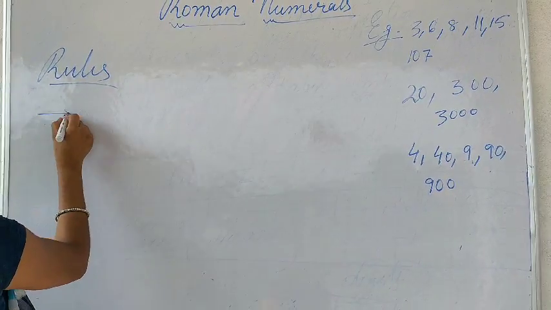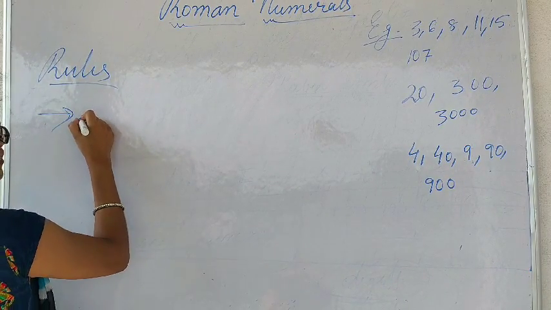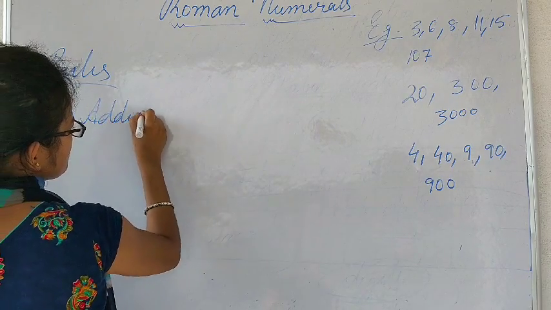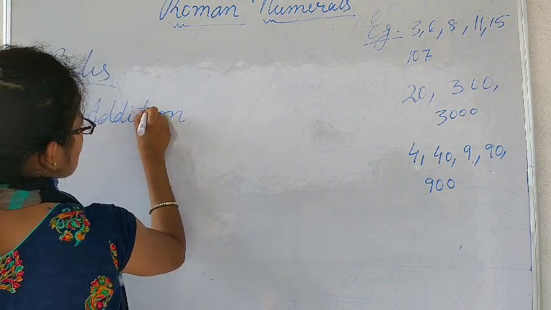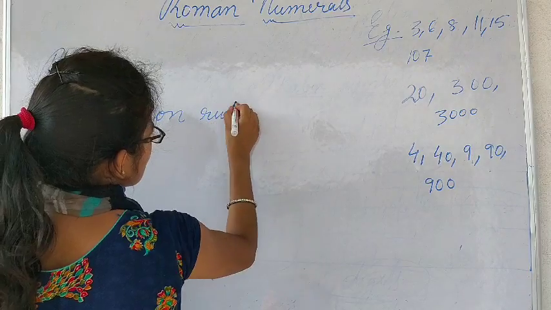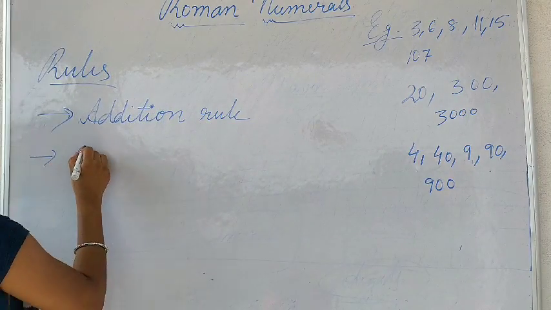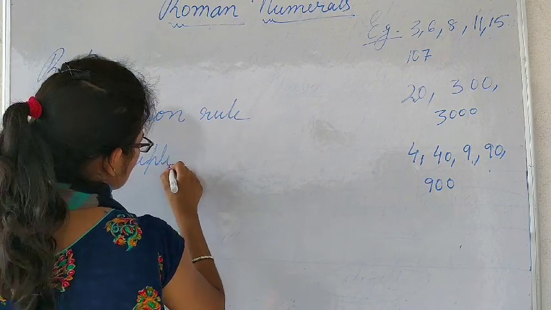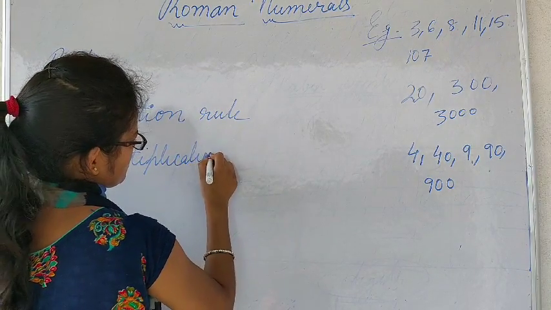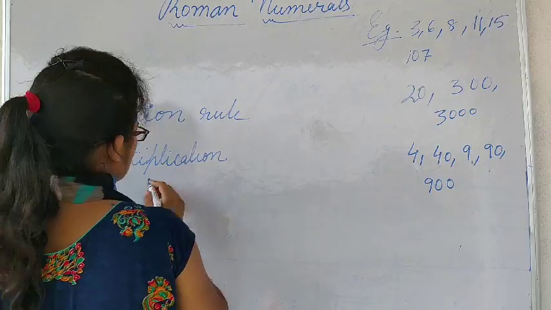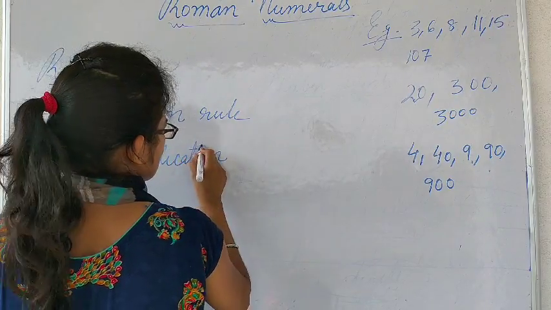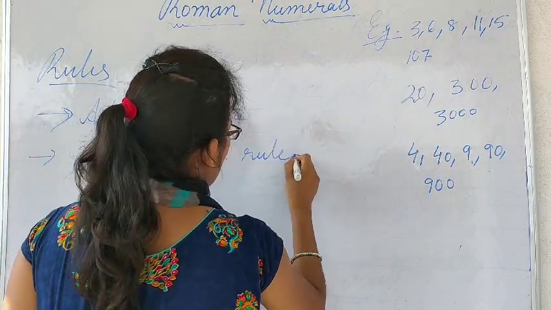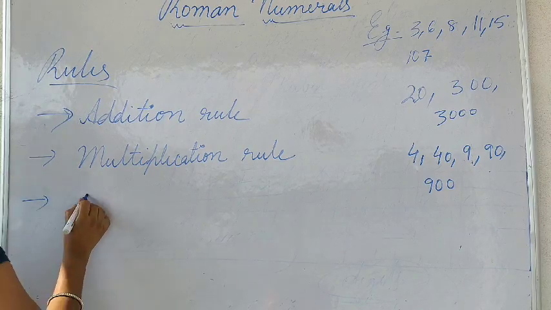First is the addition rule. Second is the multiplication rule. And the third is the subtraction rule.